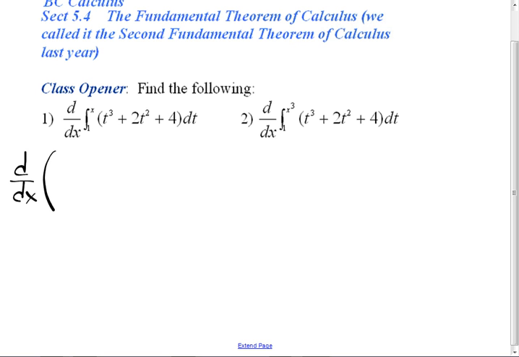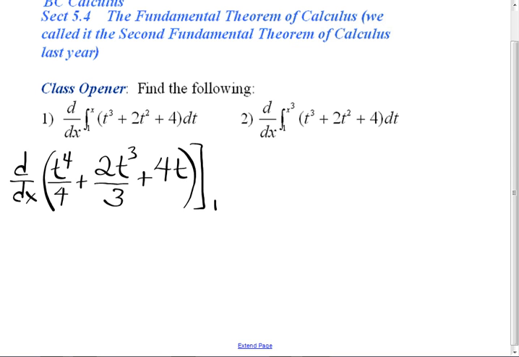Okay, what's the integral of t cubed? T to the fourth over 4. What's the integral of 2t squared? 2t cubed over 3 plus 4t. Okay? Now we want to differentiate that.